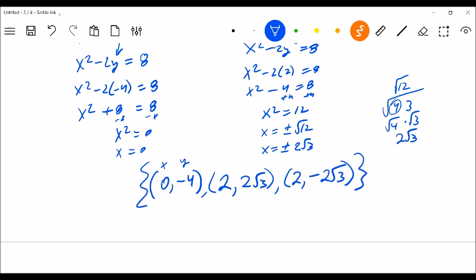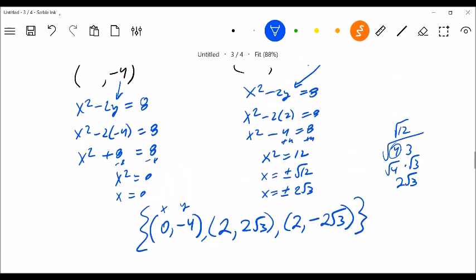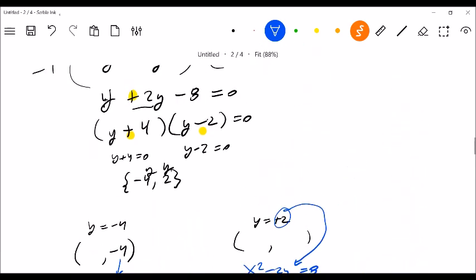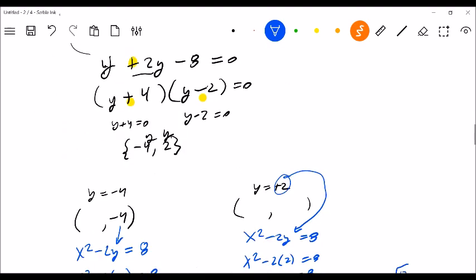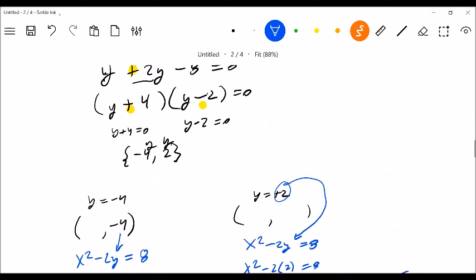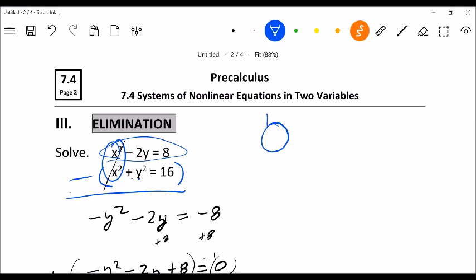So there are 3 places here where these two conics meet. And when I look back at what they are, this one's x squared minus 2y. That looks like a parabola, and the other one looks like a circle. So I have a circle. And since I have 3 points here, it is probably a parabola that looks like this.